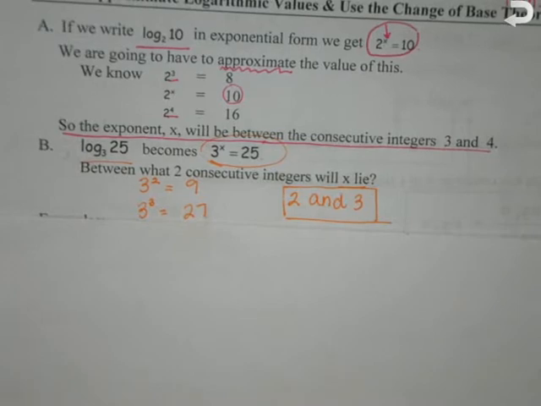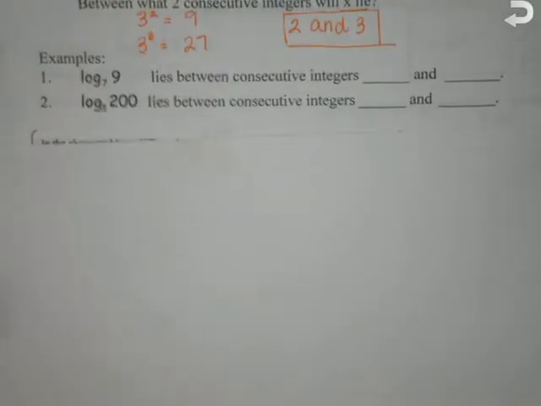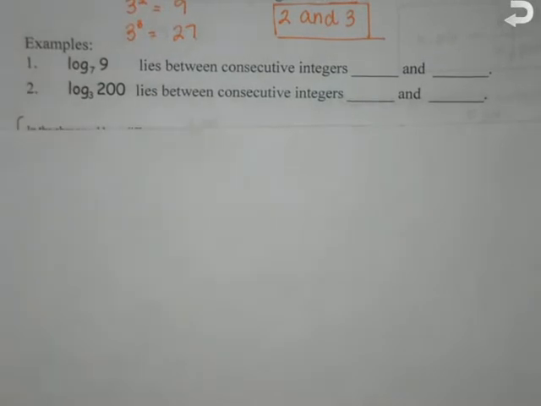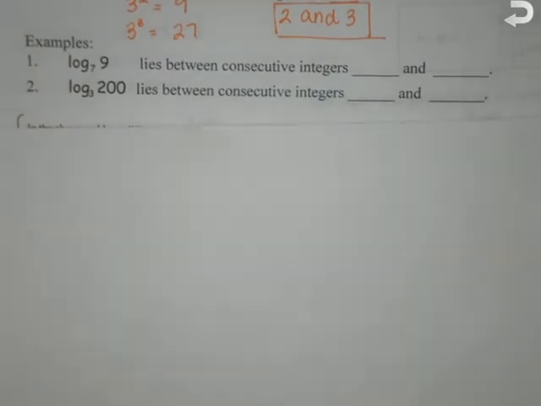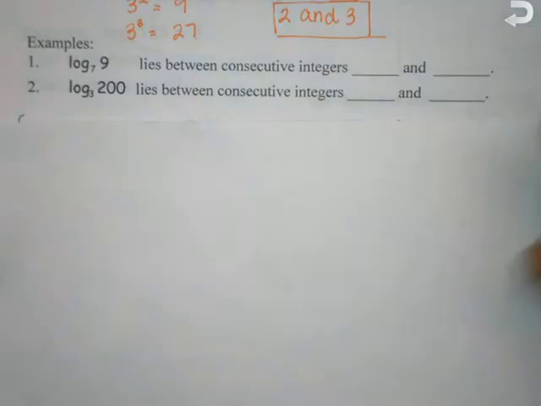So try 1 and 2 on your own. I'm giving you log base 7 of 9 and log base 3 of 200. So try those right now. Okay, so first of all, how would I rewrite log base 7 of 9? 7 to the x equals 9, okay?